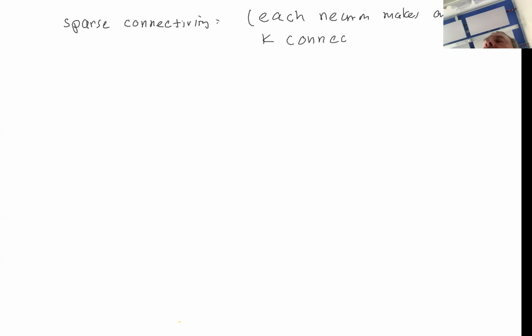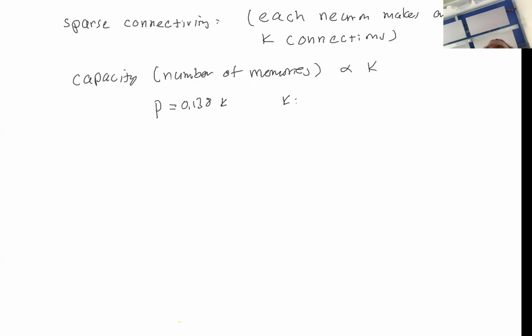So for sparse connectivity, meaning each neuron makes only K connections, the capacity, the number of memories, is proportional to K. And the constant of proportionality, let's say best case scenario, so P equals 0.138 K. K is approximately equal to 1,000.